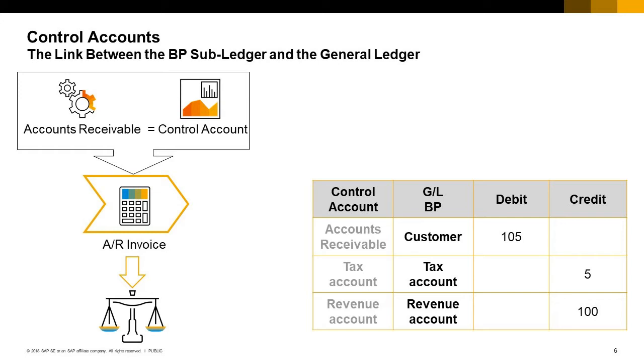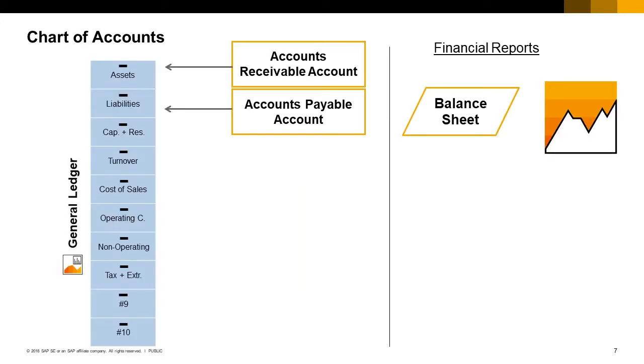In an AR invoice, for example, when the customer is debited, the accounts receivable account is also debited. This journal entry appears now in both account balances, the customer and the control account. Note that the business partner master data balances do not appear in the chart of accounts. Only the receivable and payable control accounts appear.